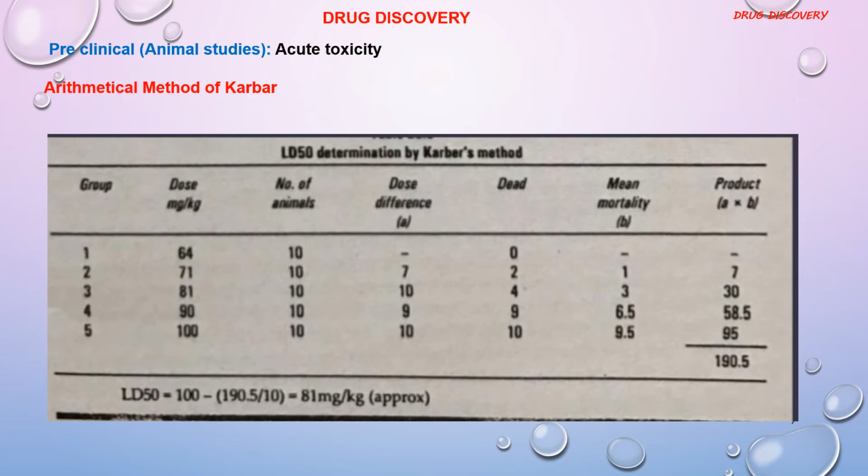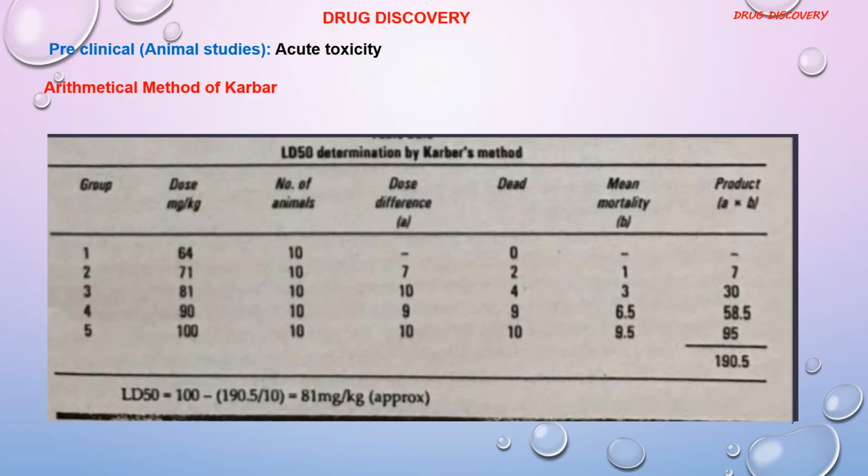The mean mortality was then calculated, which is represented by B. The last column is the product of A and B, that is 7, 30, 58.5 and 95. The sum total comes to be 190.5.